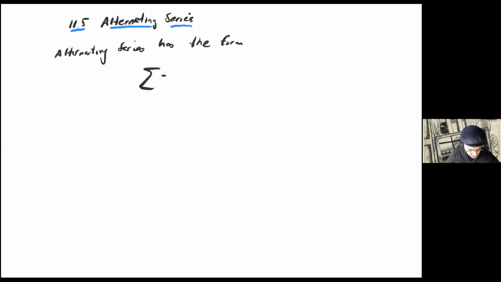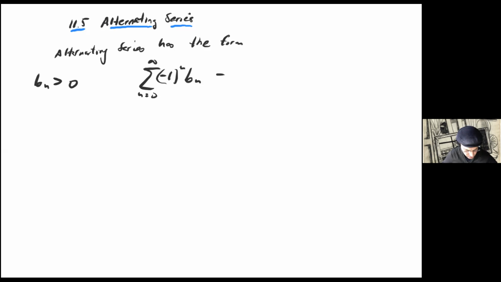Summation (-1)^n b_n, maybe n goes from 0 to infinity or something like that, or maybe n equals 1 to infinity. But in any case, this will be where b_n is always greater than 0, always positive.